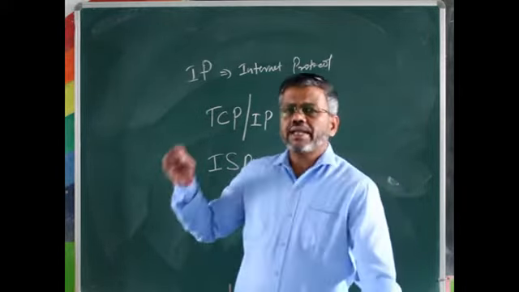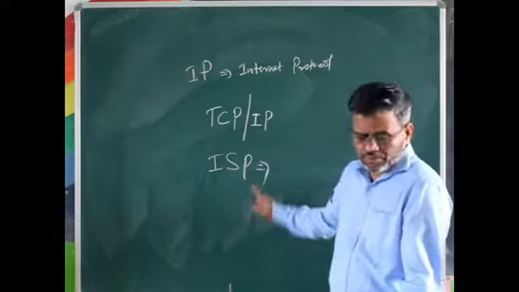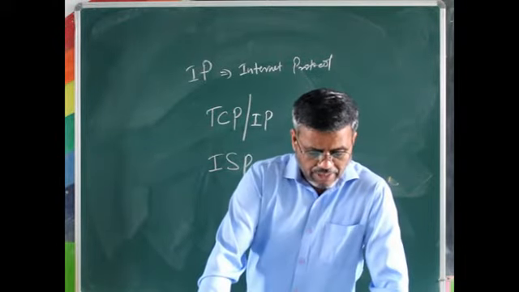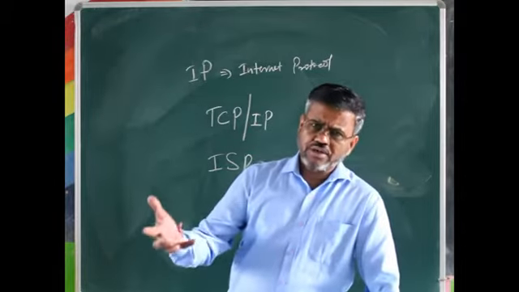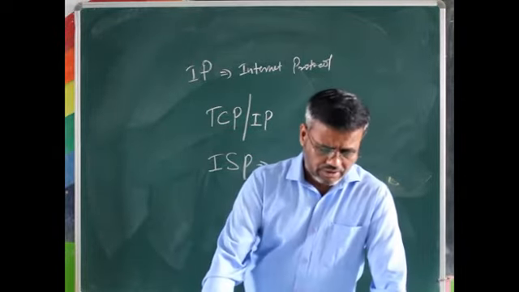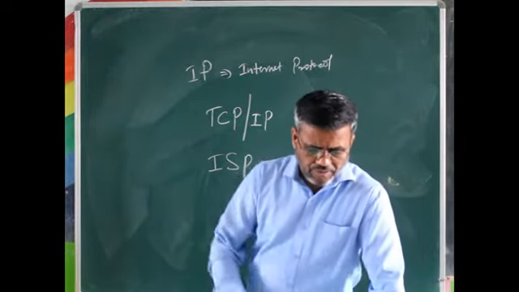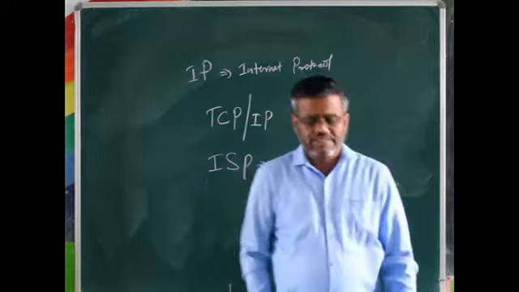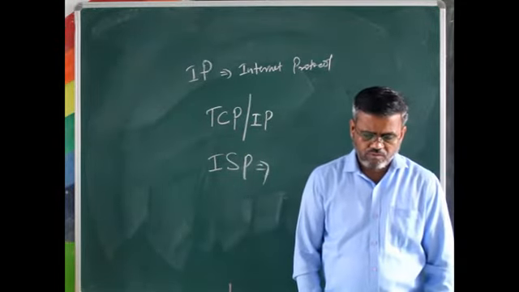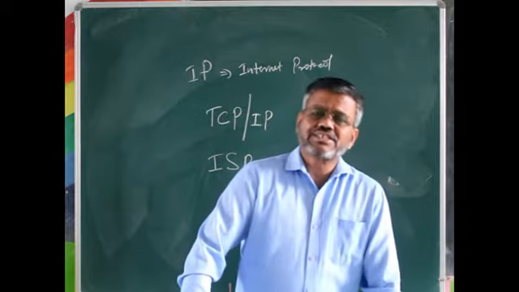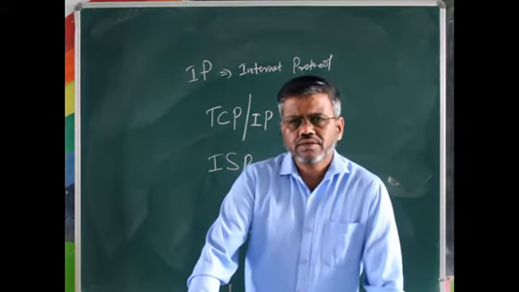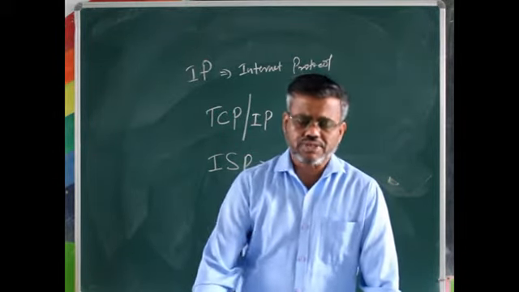So an ISP is a company that connects your personal computer or all your electronic gadgets to the Internet. Another name for ISP is IAP, Internet Access Provider. Internet Service Provider or Internet Access Provider, the matter is the same.